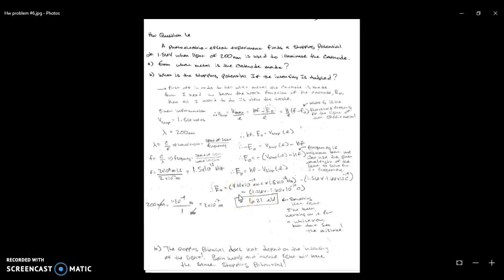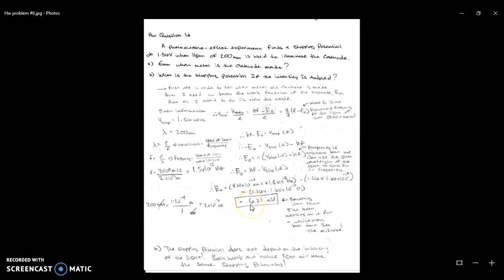So basically, just plugging and chugging. H, Planck's constant, is 4.14 times 10 to the negative 15. The frequency, which I calculated here, is 1.5 times 10 to the 15 hertz. V stop was given, which is 1.56, and then E, the charge of an electron, is 1.6 times 10 to the negative 19 coulombs.